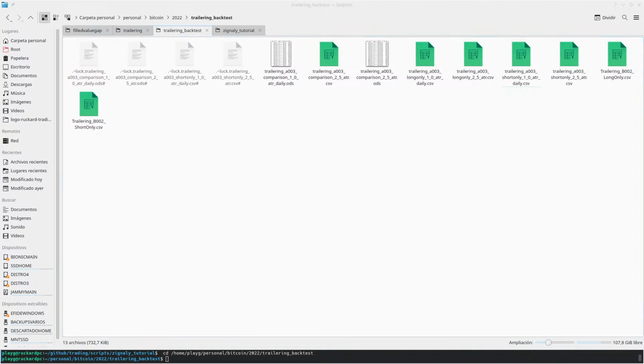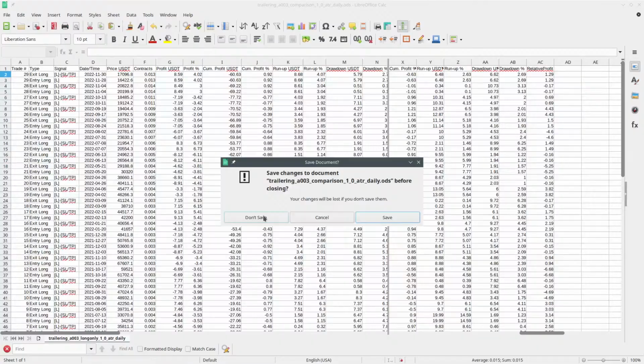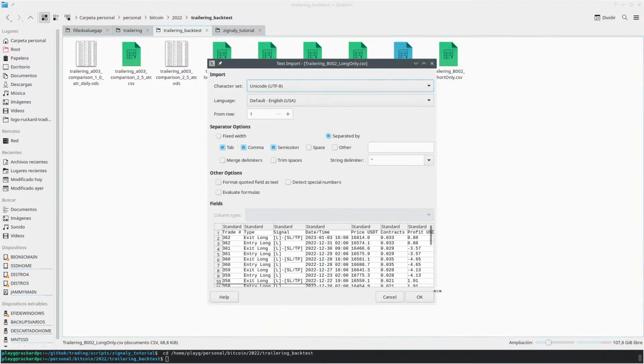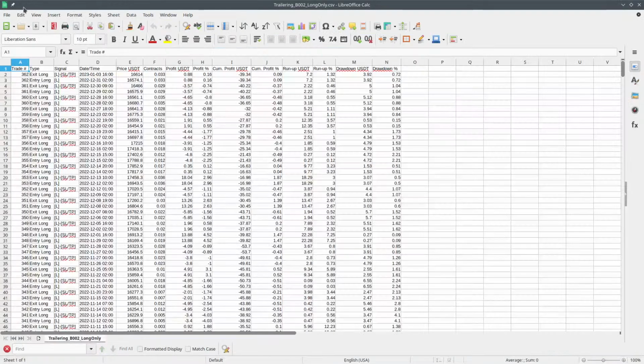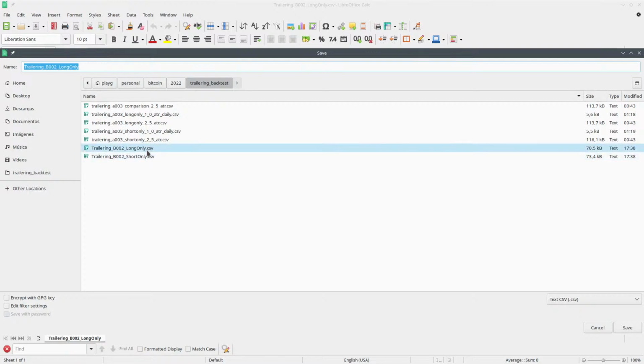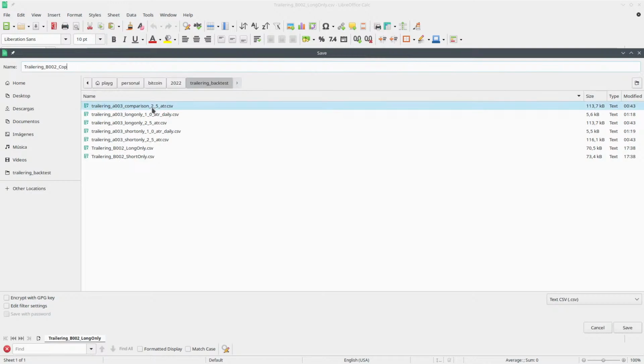So now we should be able to work with this backtest here, which apparently I have many of them open here and there. Don't save, don't save. Okay, so here we have long only and short only. So the idea is that we open long only and we say save as comparison.ods.